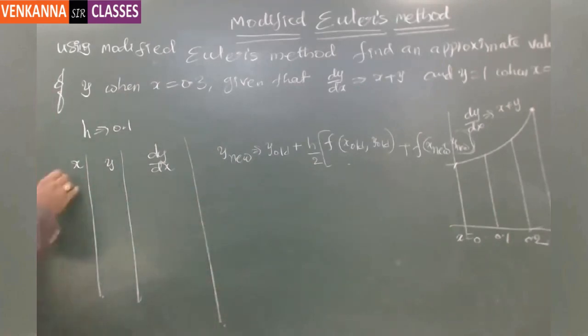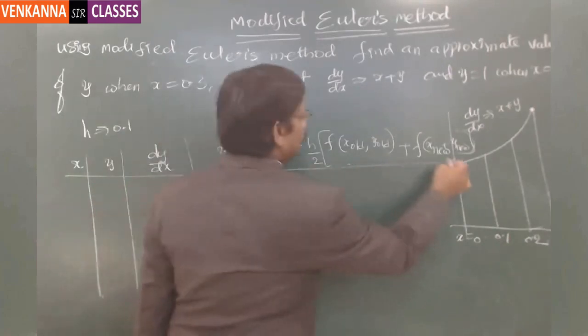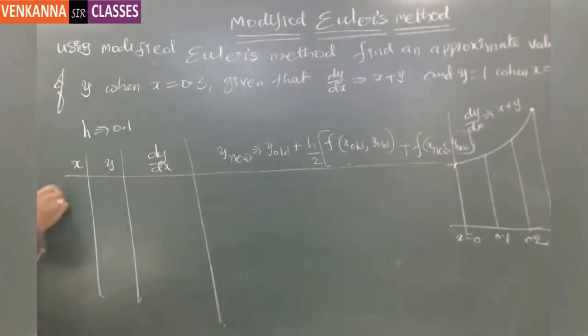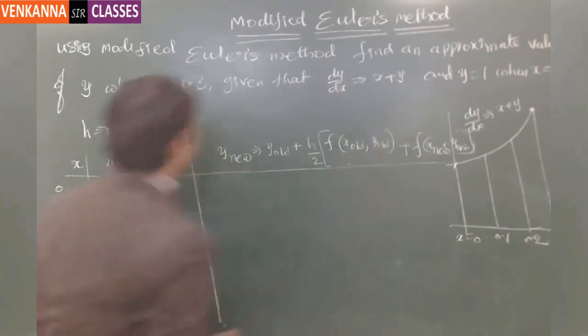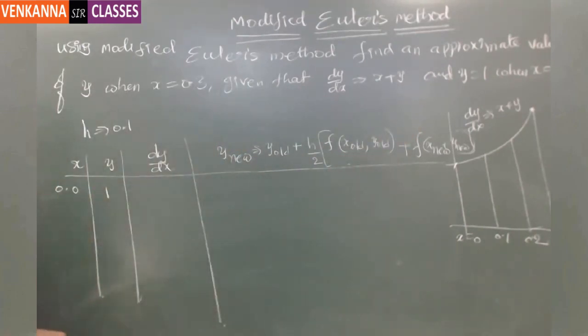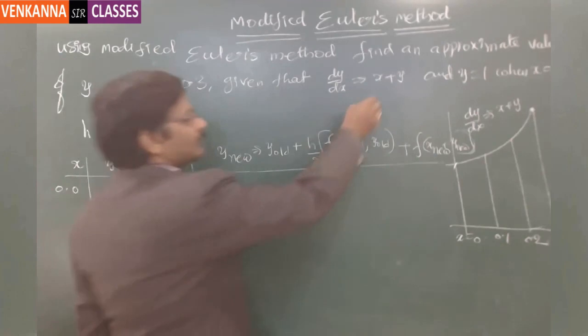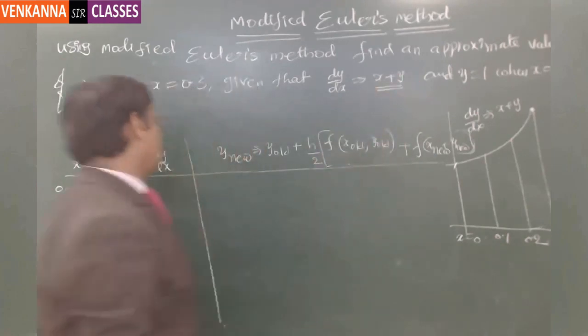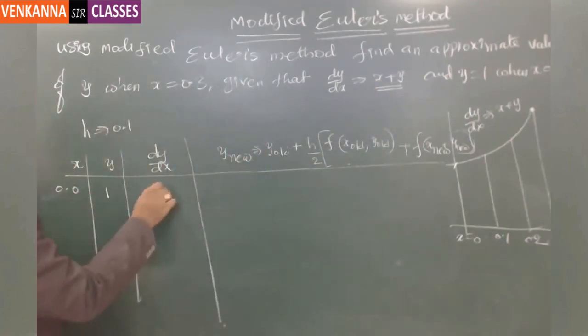Now if you take the first iteration, let us say 0.1. First is actually 0. At 0, the value of the function is 1, and dy by dx is x plus y, so you add these two. This is 1.